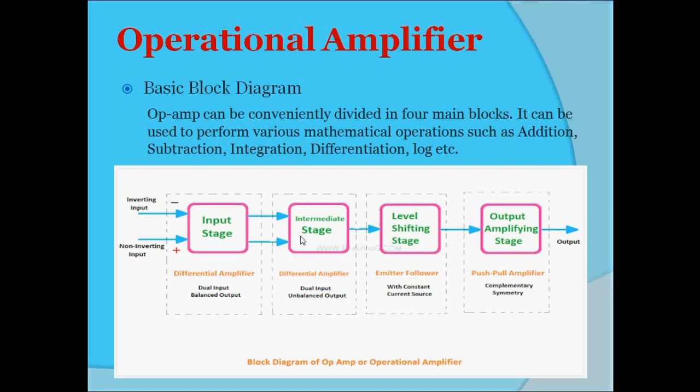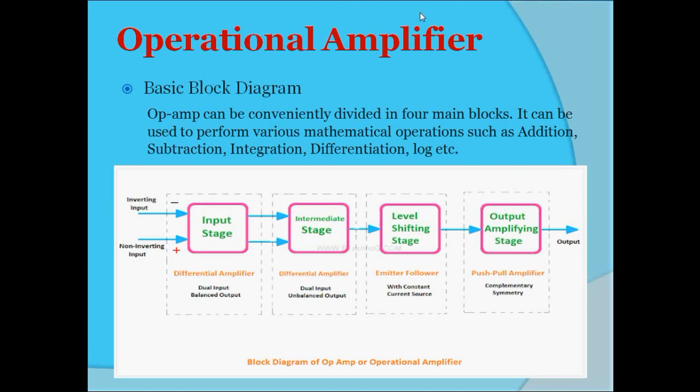Therefore, the intermediate stage is generally followed by a level translator circuit, used to shift the DC level at the output of the intermediate stage downward to 0 volts with respect to ground. So the third stage is the level shifting stage. This stage will reduce the DC output voltage after the intermediate stage to the ground potential.